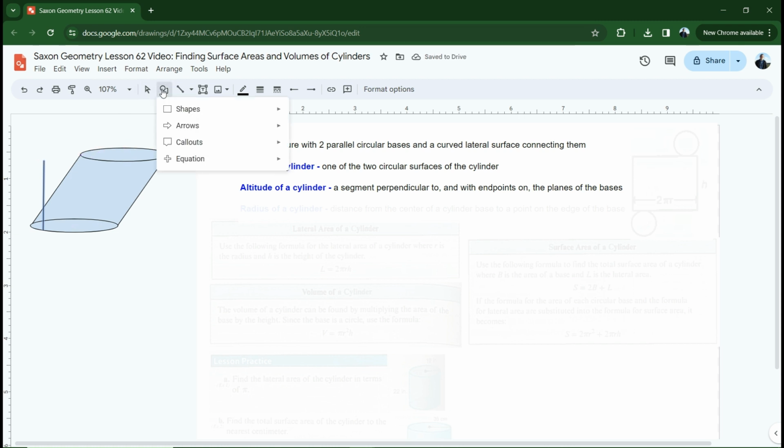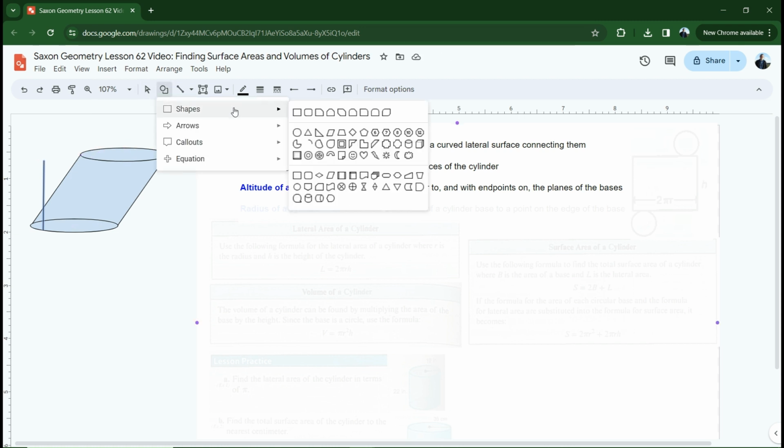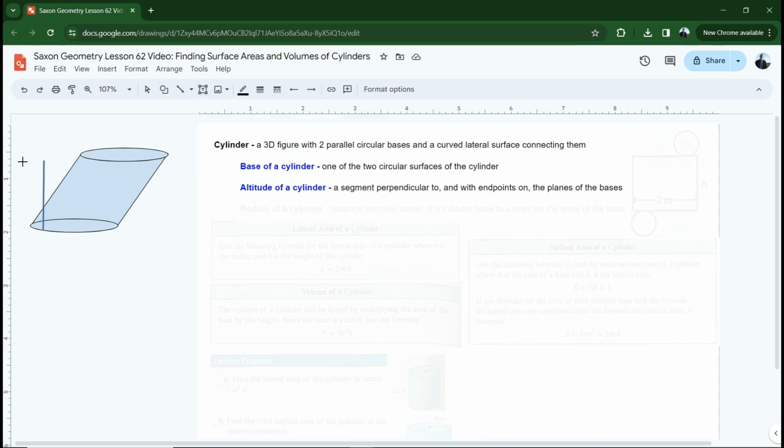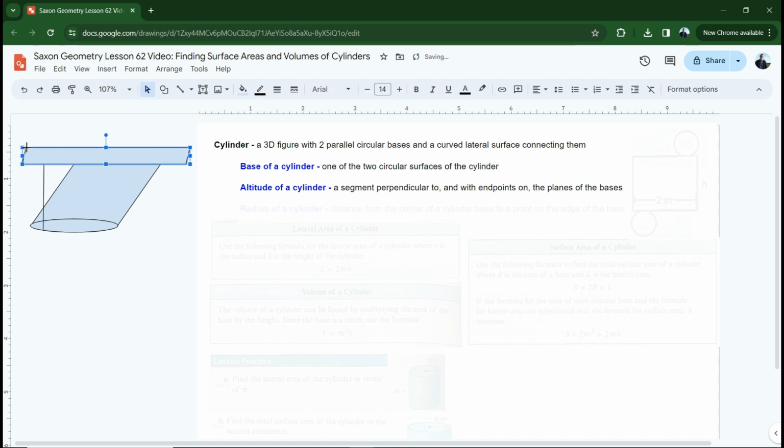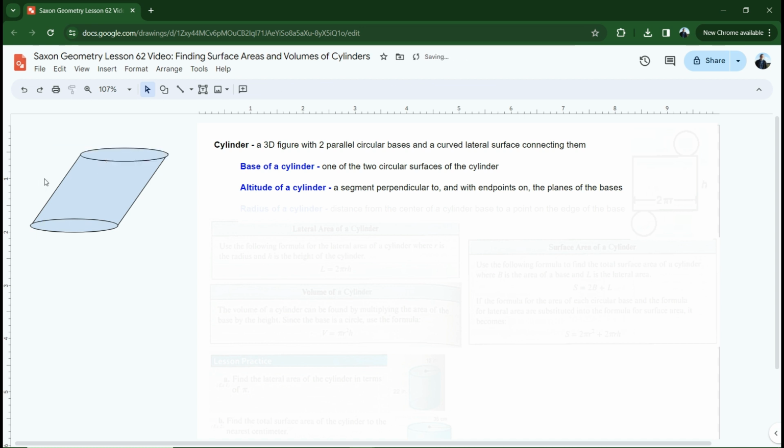Let's see if I can approximate what the plane looks like here. Whatever this plane is that contains my top base, this line has to connect to that plane there. Okay, so we're going to get rid of that. Now you know what the altitude is.